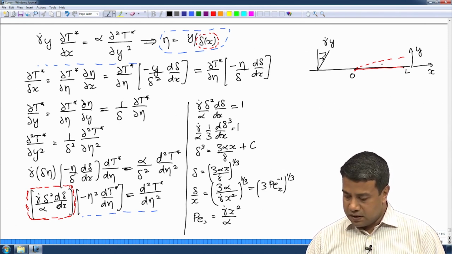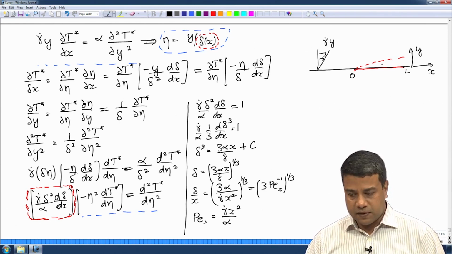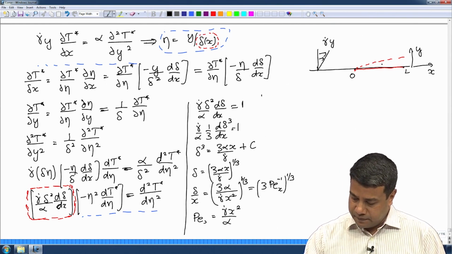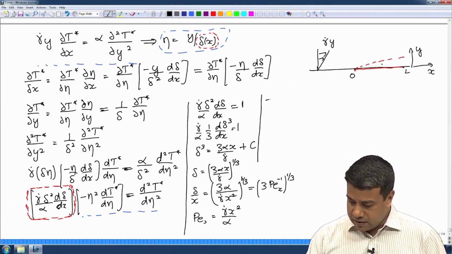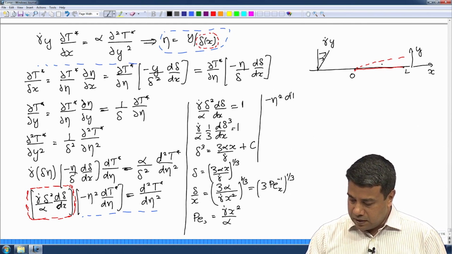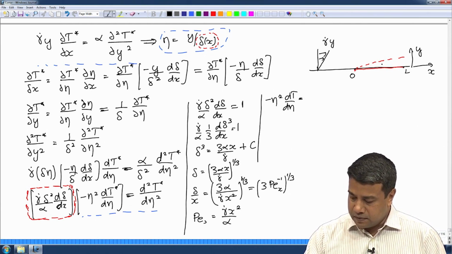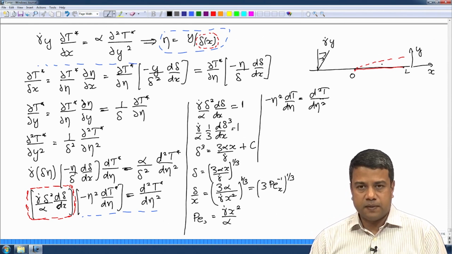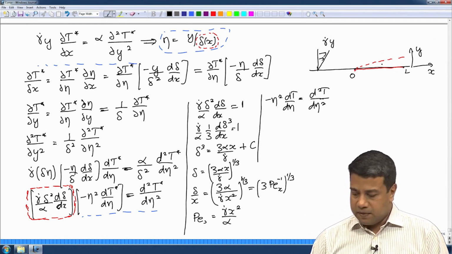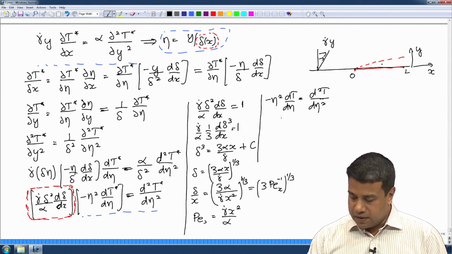The other part of the problem is to solve for the temperature field. The temperature equation is minus eta square dT by d eta is equal to d square T by d eta square. This can be solved quite easily, because this is a second order differential equation.